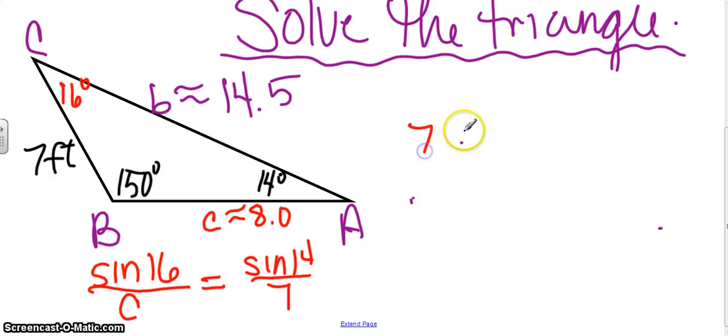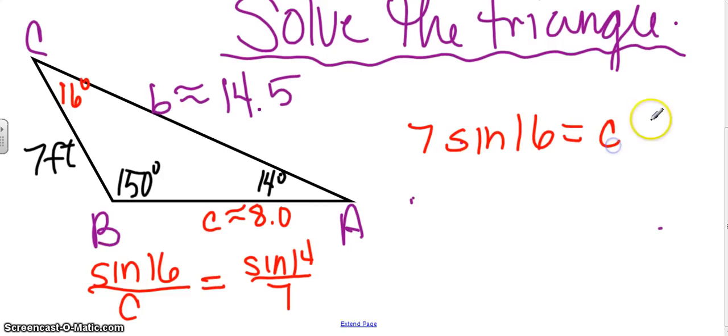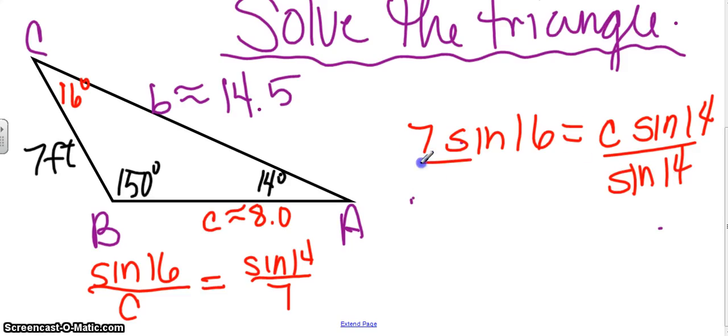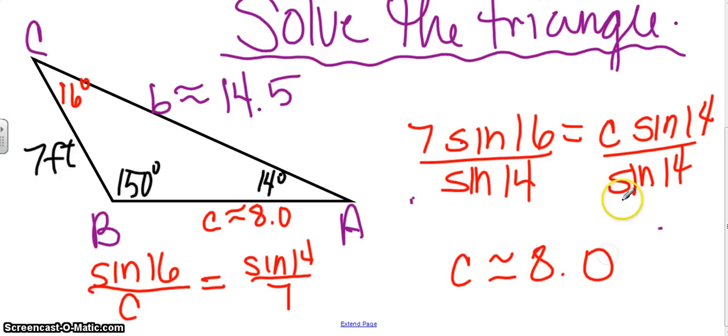I'm just taking 7 times the sine of 16, that's my extremes, is equal to C times the sine of 14, and then I'm dividing both sides by the sine of 14 to find C. Now on your calculator, make sure that you have your parentheses here. The calculator will give you this first parenthesis. Make sure you finish it off with the second one. And same thing with the 14 for when you're solving for C.